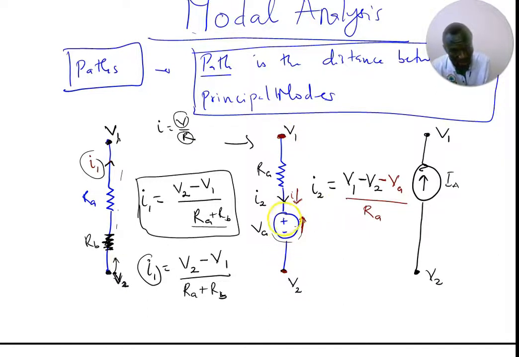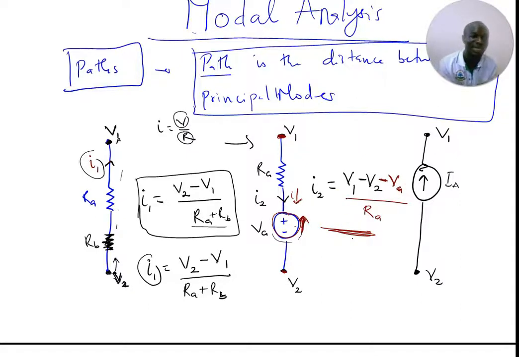Then I ask myself, the voltage here, if it's supposed to produce current, is it going to oppose the I2 or is it going to be in phase with the I2? Since it is opposing the I2, we are going to use minus here. If it was in line, we use plus. You will see that in the diagram below. So since it's opposing it, we are going to use minus VA, right? Then we get our I2 value.